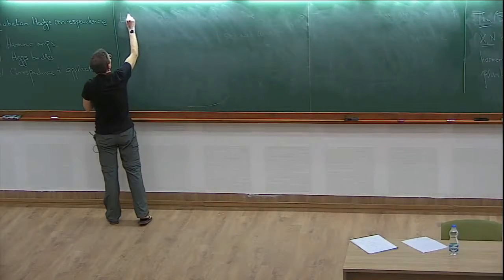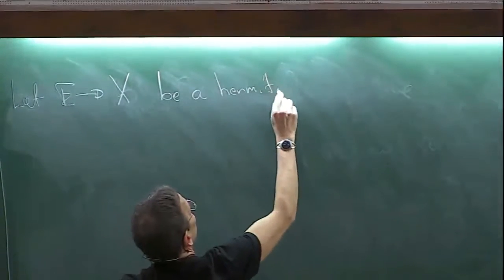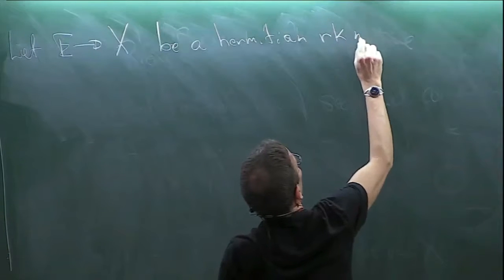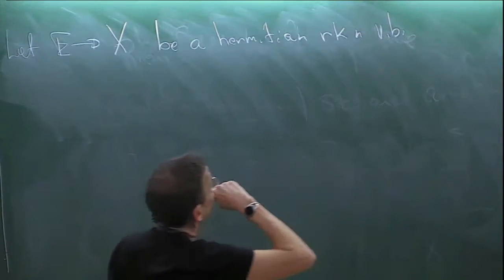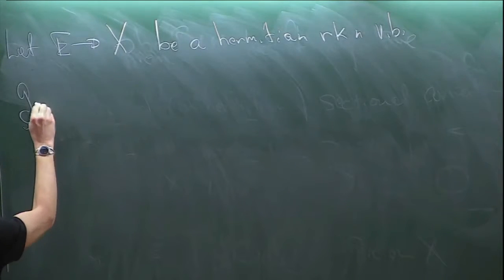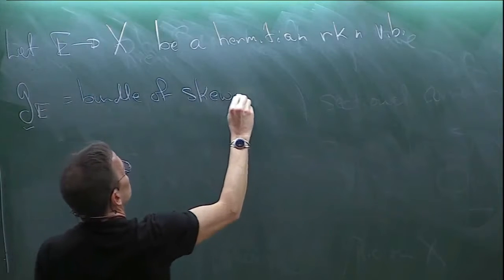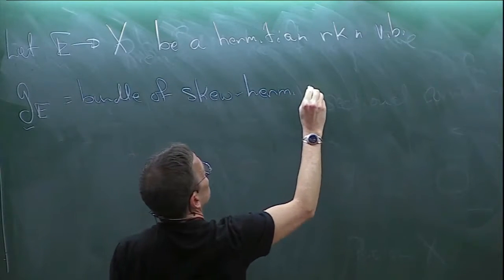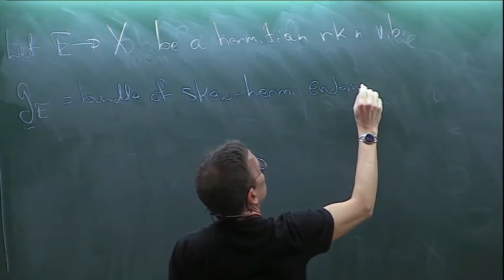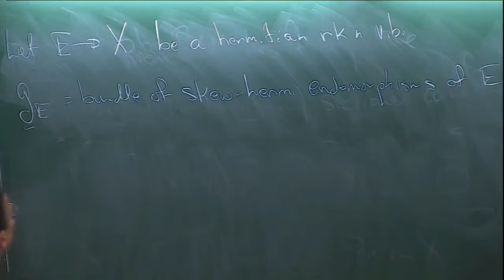Okay, so let E be a Hermitian rank n vector bundle on X. And so I'll let GE be the bundle of skew Hermitian endomorphisms. Okay.